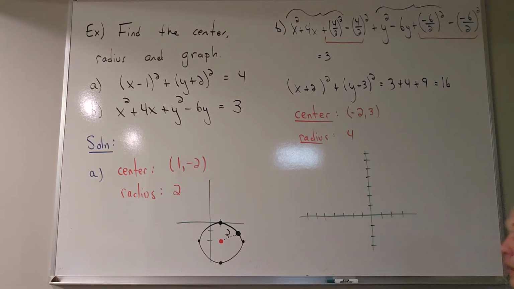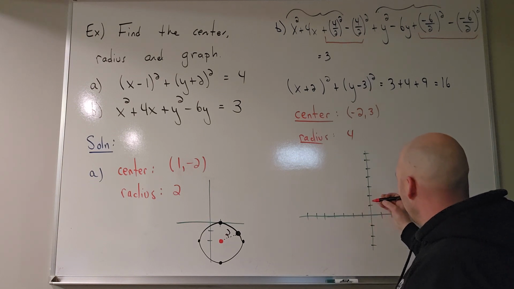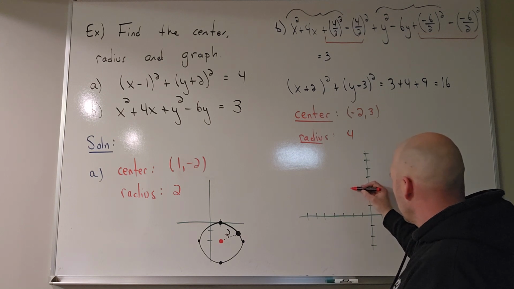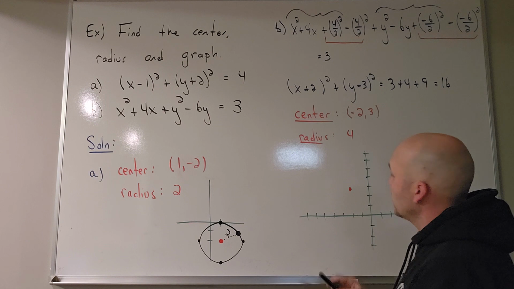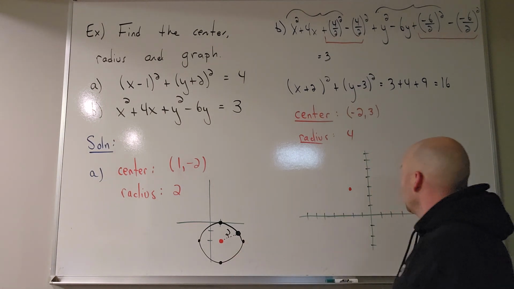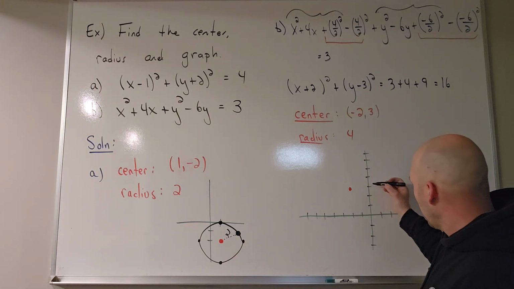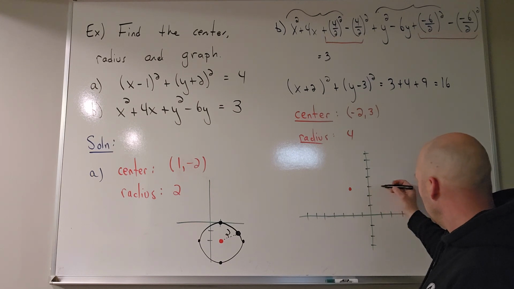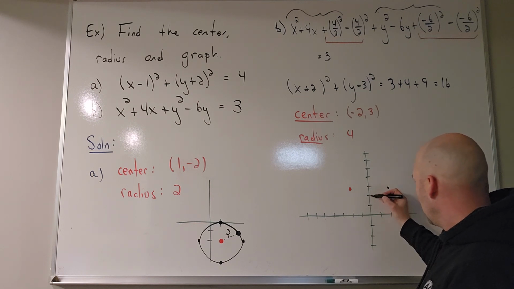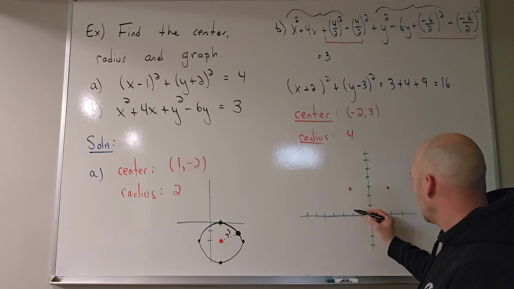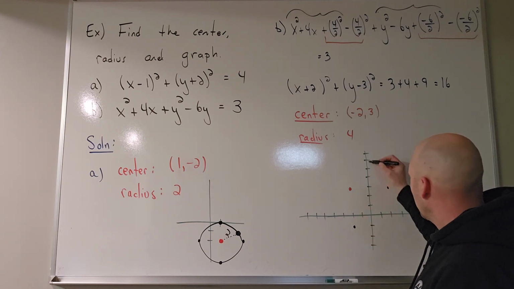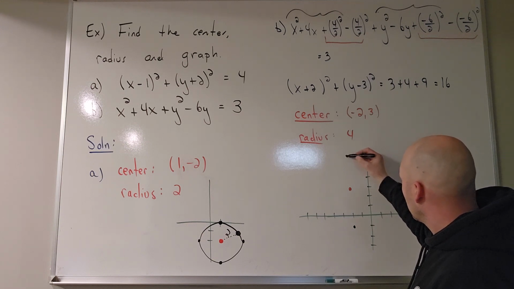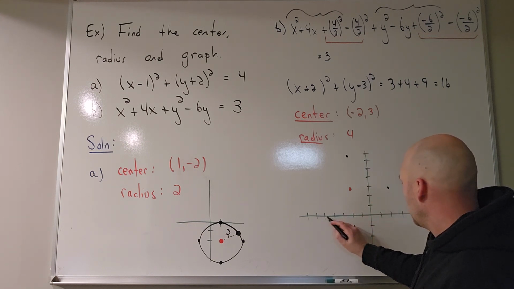All right, so center is negative 2, 3, so back to up 3, so 1, 2, 3. So your center is approximately right there. And your radius is 4, so let's just kind of pick some points. So radius is 4, so one point on the graph would be, so here's 1, 2, 3, 4. 1, 2, that's 3, so here, 4. 1, 2, 3, 4. 1, 2, 3, 4.